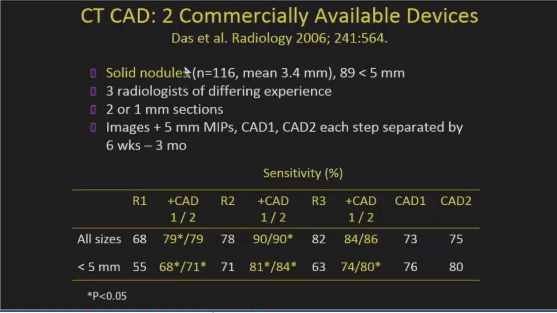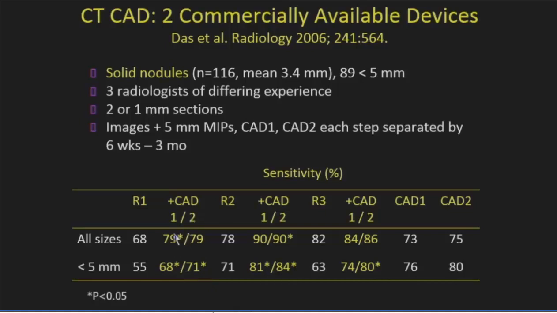This was a study by Das and colleagues in Radiology with 2 commercially available devices at that time. They looked at thin section images and had their readers evaluate these, and then had them evaluate the same images with the CAD devices, each separated by a time period so that they didn't remember nodules. So they first looked at images with MIPs, then images with MIPs plus CAD1, and images with MIPs plus CAD2, and then they looked at the sensitivities.